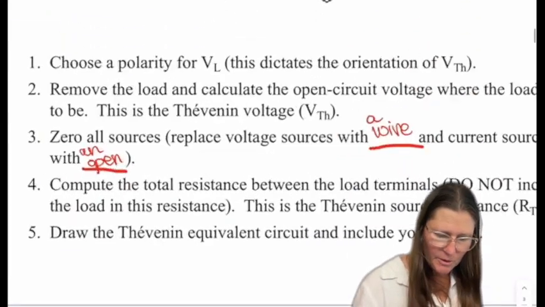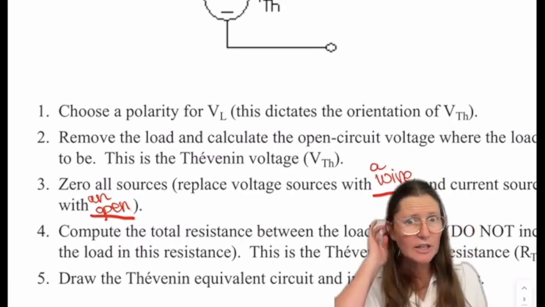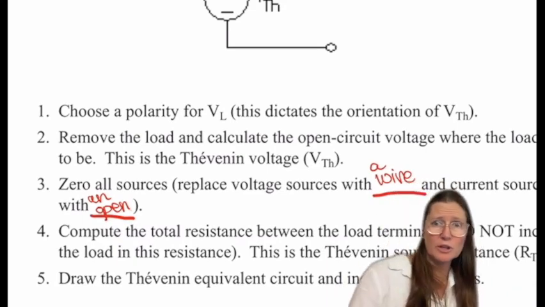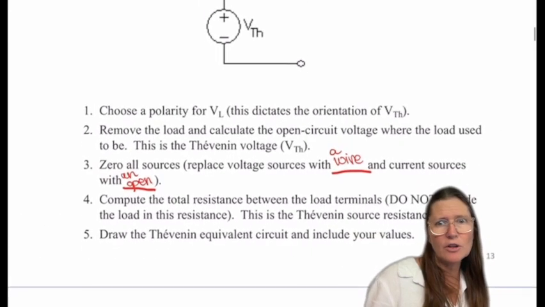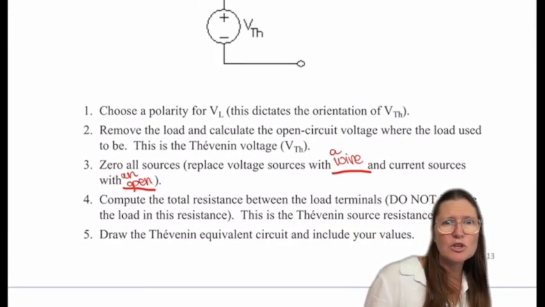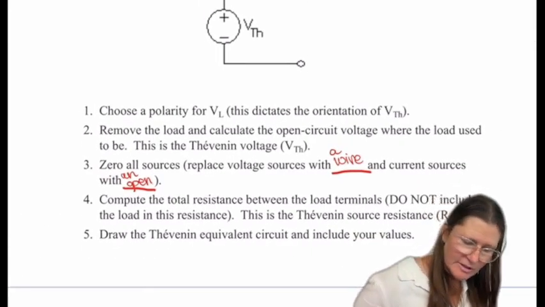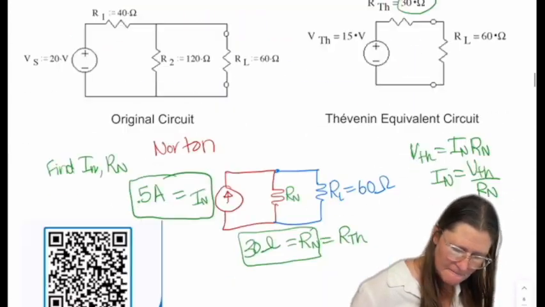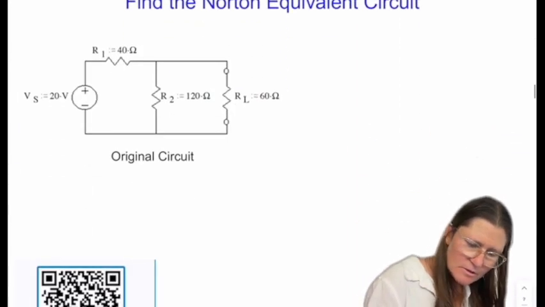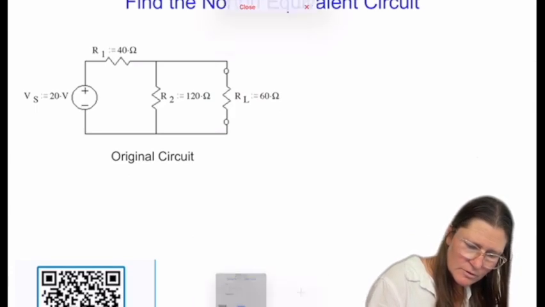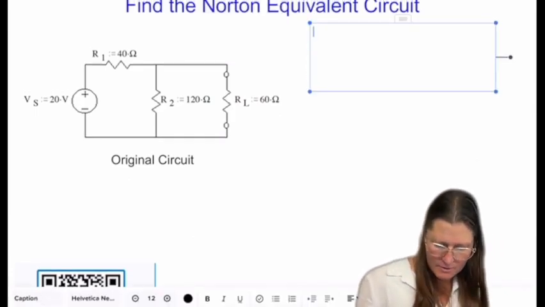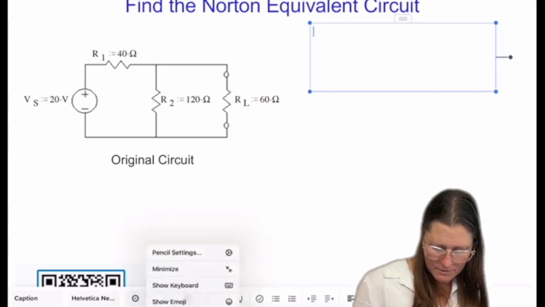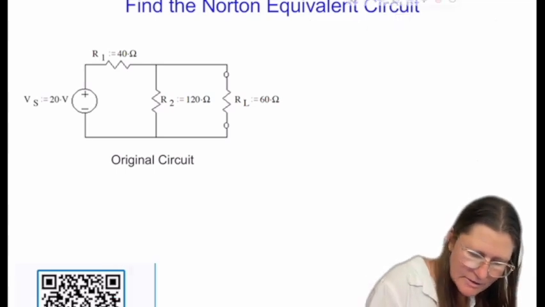So if you go back to the steps, the first step is to choose a polarity for the load or the orientation of VTH. Then you're going to remove the load and calculate the open circuit voltage. So the first steps are the same. You're going to choose a polarity. Okay, I'll just write this.